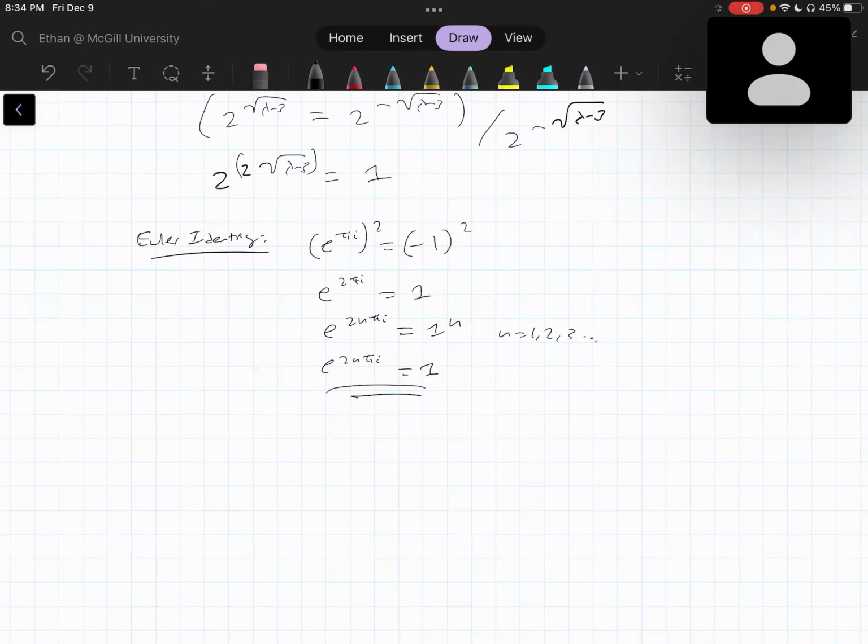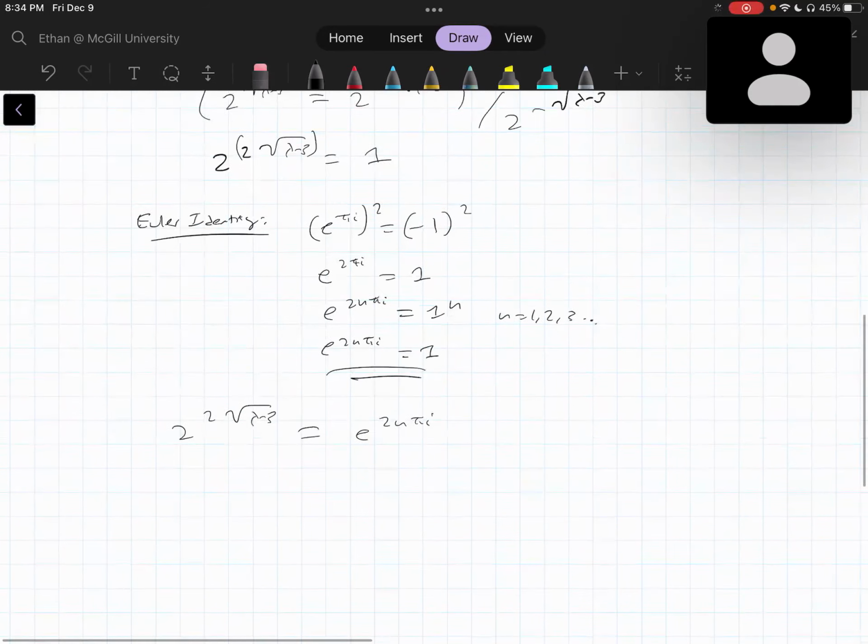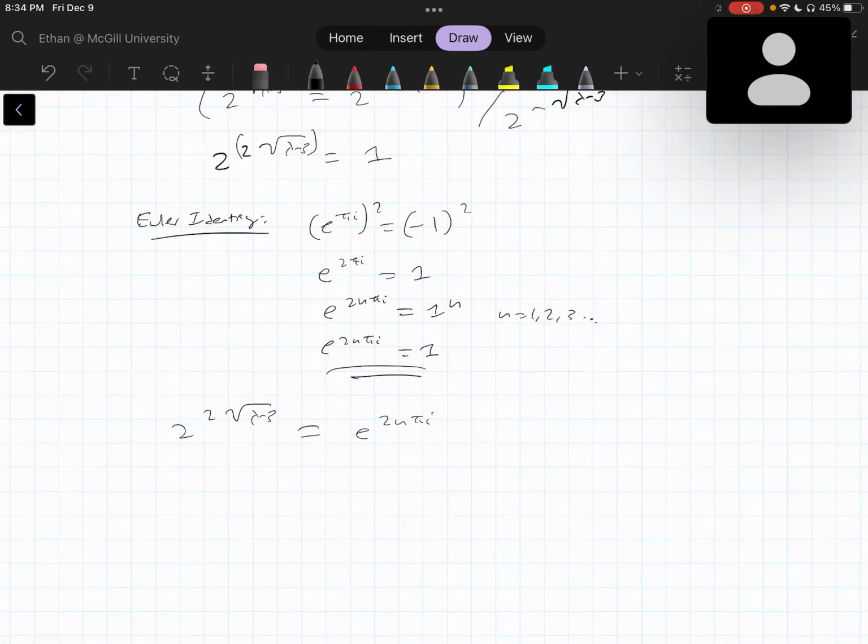So we're going to get that 2 to the power 2 root lambda minus 3 is equal to e to the 2n pi i, which isn't that useful for us yet because we can't equate exponents. But what we can say is that e to the ln of 2 to the power 2 root lambda minus 3 is equal to e to the 2n pi i. E to the ln, they cancel each other out, basically, so it's the same expression.